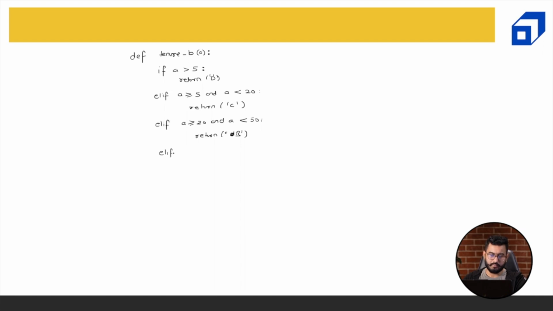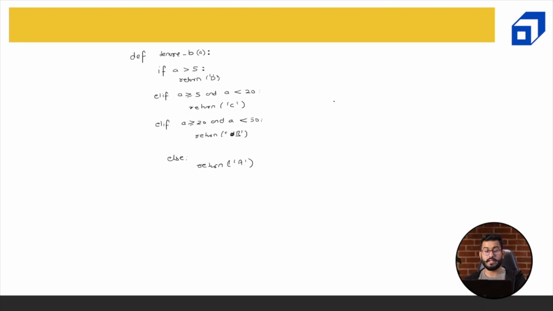Then if a is greater than or equal to 50, which is my last condition, I'll just simply say else, return a. Now this is my function.